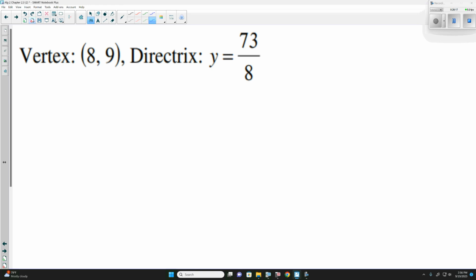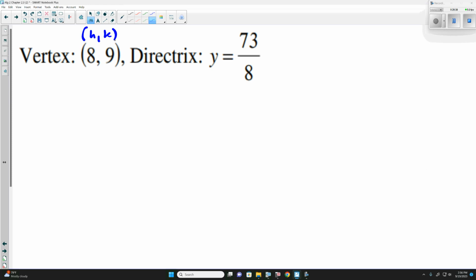Questions on any of this here so far? Now for this one here, the vertex, well, that's still h comma k, yes? Our directrix is y equals 73/8 here.